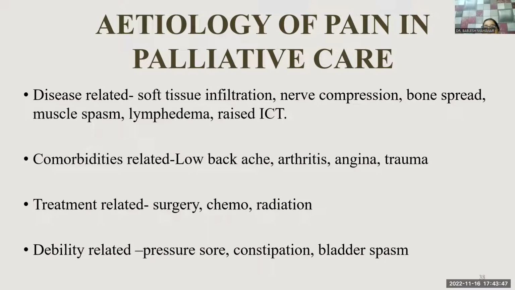Comorbidity related pain like low back pain. Sometimes they already have comorbidities like arthritis, trauma, treatment related to surgery, chemotherapy, or radiotherapy, and sometimes it is debility related, something like pressure sores in patients who are towards the end of life, constipation, and bladder spasm also.